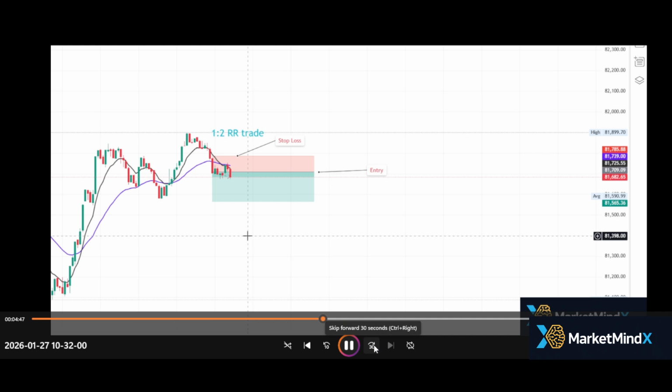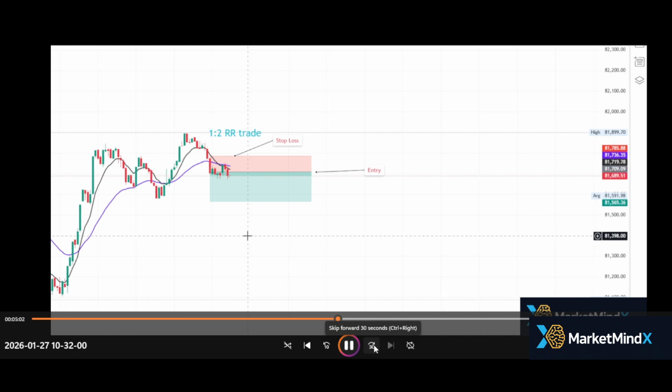Apart from that, all the trades we have captured are almost 1:2 or 1:1.8 something like that. So this particular framework is really rewarding well.